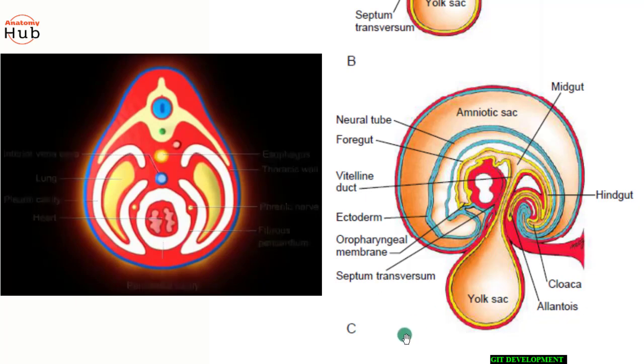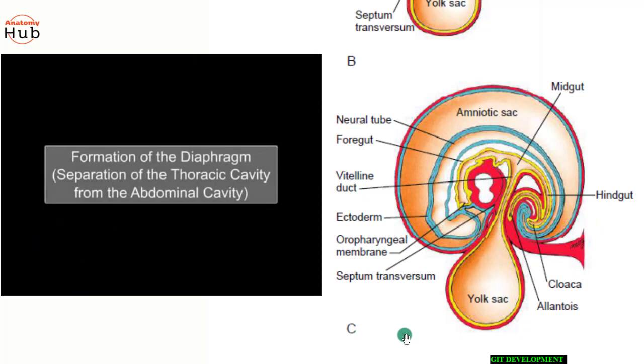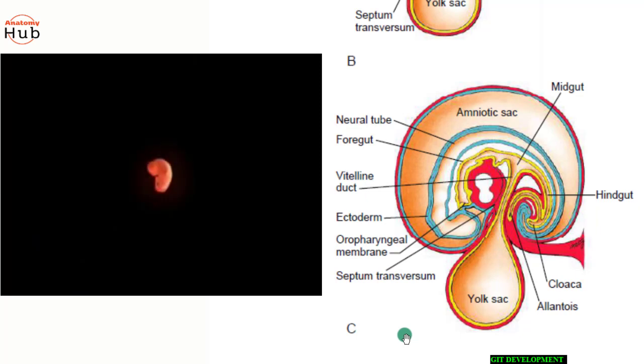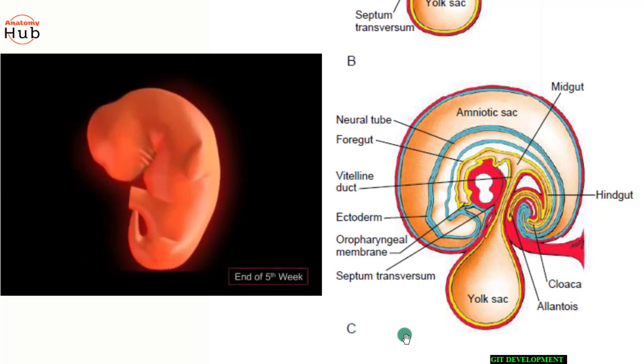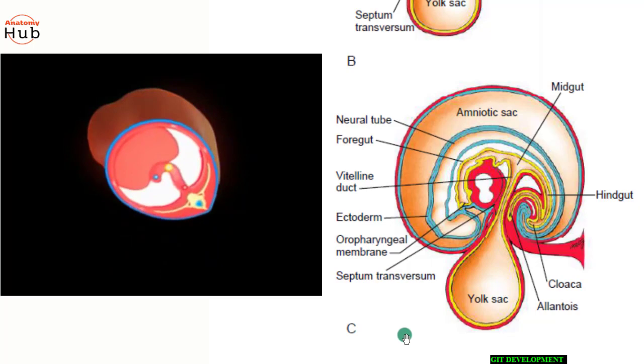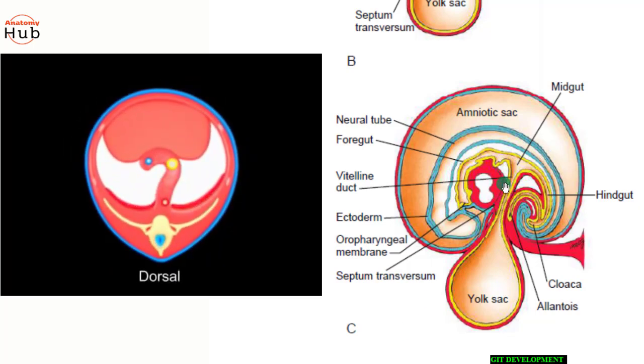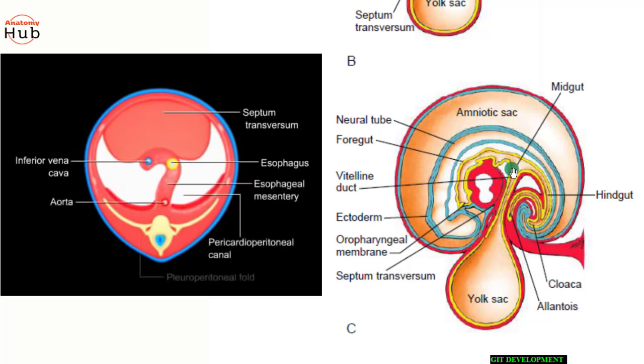The septum transversum forms the initial partition separating the coelom into thoracic and abdominal cavity and gives rise to part of your diaphragm and the ventral mesentery of the stomach and duodenum.